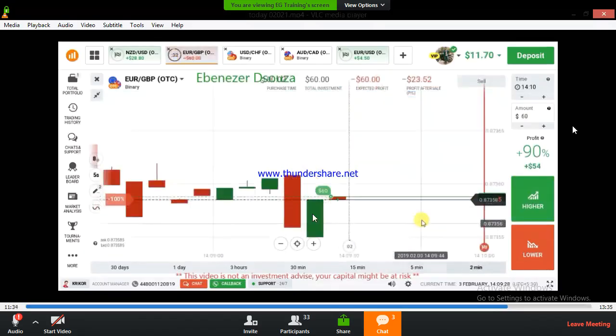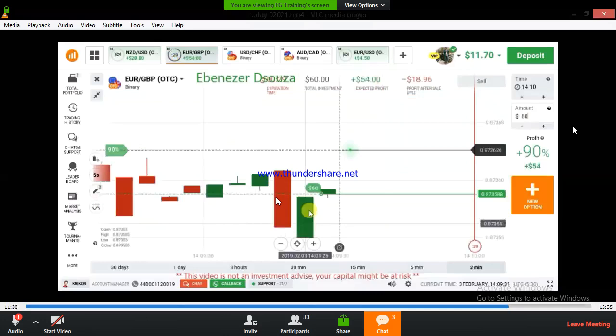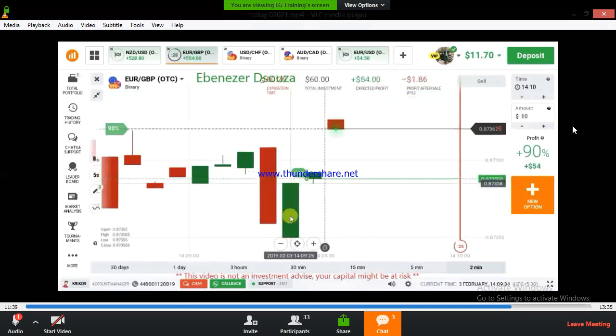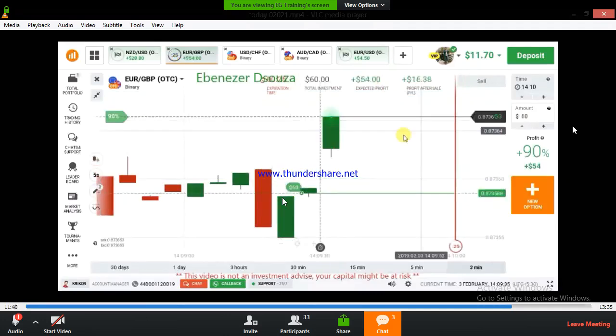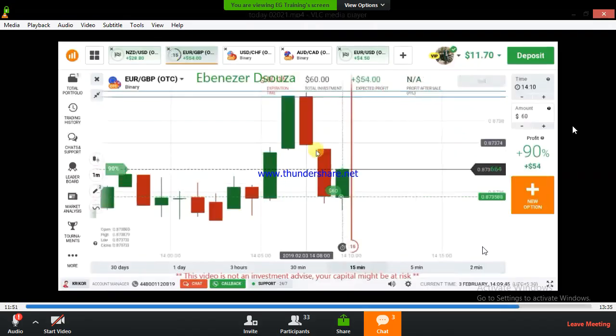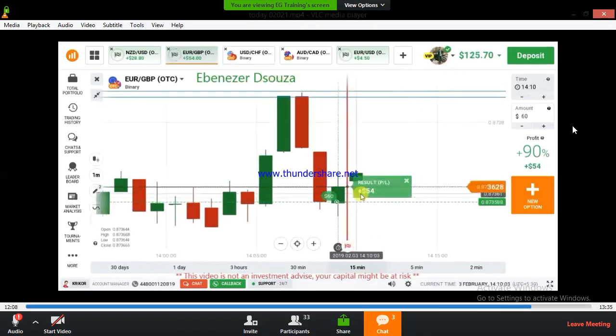A good confirmation candle at the buyer's area, and a strong candle is a sign of reversal too. Okay, you can see very strong buyer's entry. So if you place your trade with confirmations, it will give you an ITM mostly. Sometimes you will get OTM, but it will give you an ITM mostly if you place your trade with confirmation.